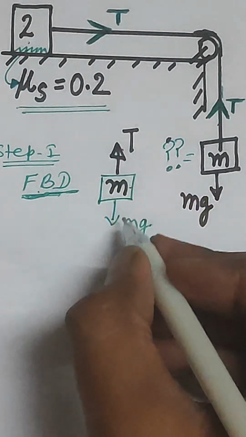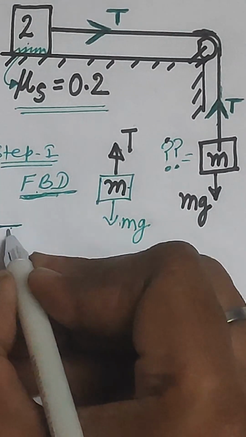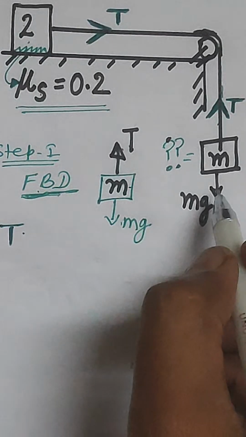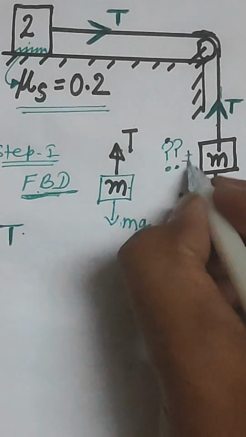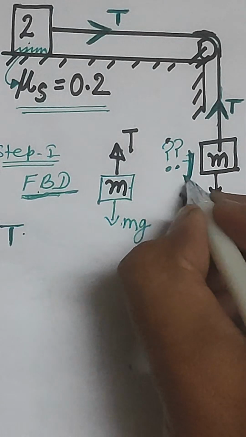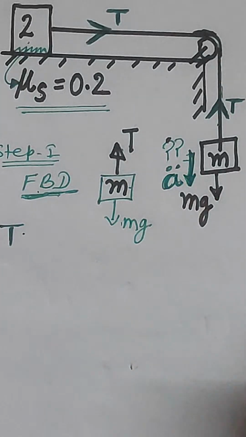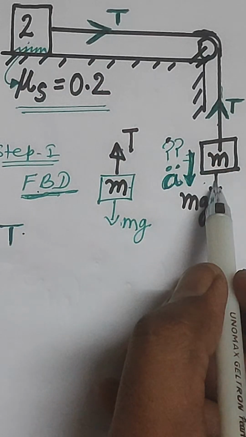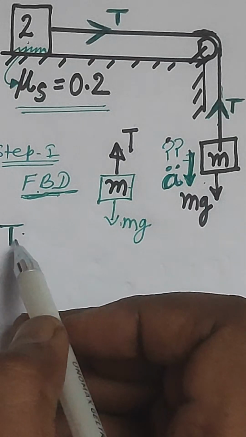So from here we can write that T is equal to... and yes, if there is an acceleration, the mass would be moving with an acceleration, but here it is said that for no movement this condition applies. So we will write the equation for when the mass will be moving also, just write like that, right?